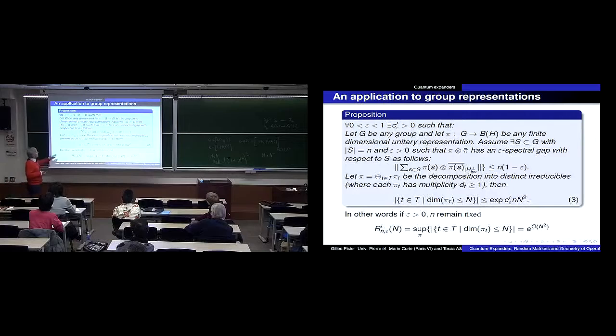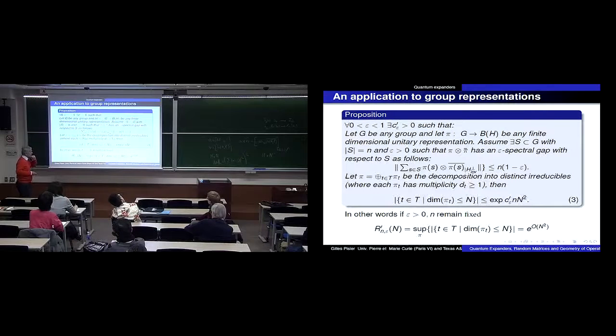So the same argument that proved the previous result works in this setting. You have the same bound. That is, the number of distinct irreducibles that appears has this bound here. I should have written n prime to be consistent. I just somehow wrote n here, but it was n prime before. I've reserved capital N. Okay, well, I've reserved n here.